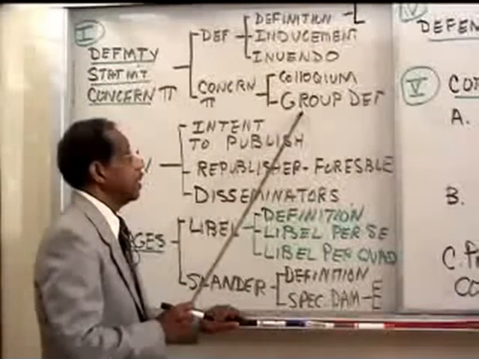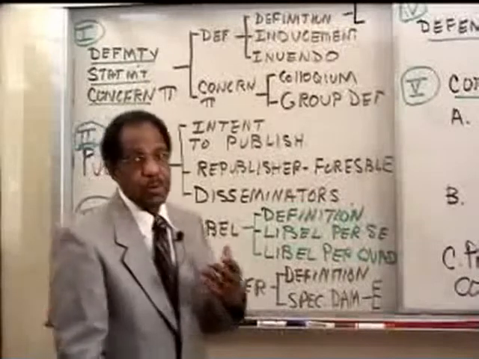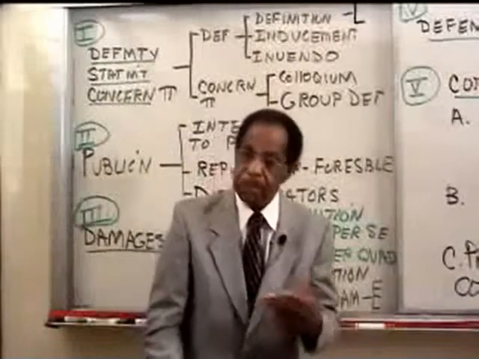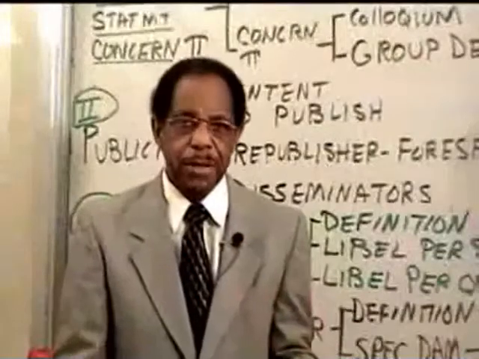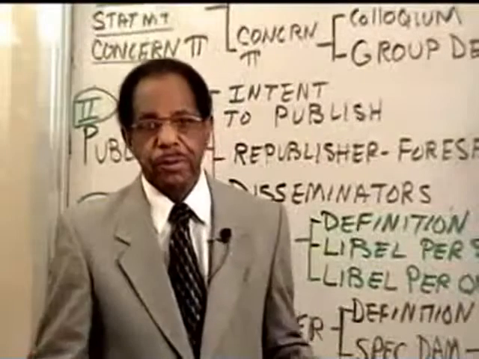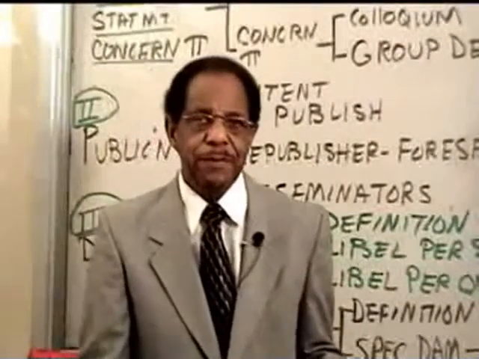Group defamation occurs where you defame a whole group of people, and if the group is too large, of course, no one member of the group can recover. All surgeons are butchers. Well, no one surgeon could recover from that.